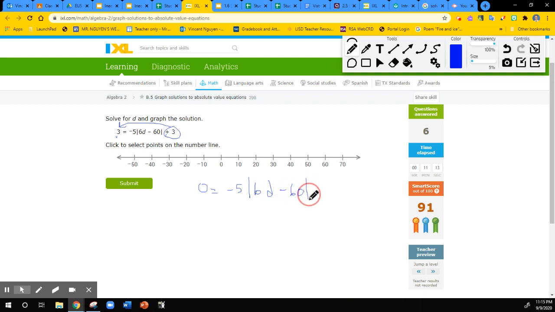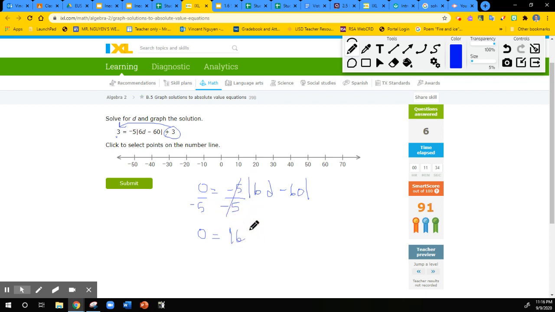Okay, so what's nice about this is you only have one case because it's equal to 0, right? Now, you are going to need to get rid of this negative 5, so I'm going to divide by negative 5 on both sides. But here's the thing, 0 divided by negative 5 is still going to give you 0. So that negative 5 really didn't do anything to the equation, right?